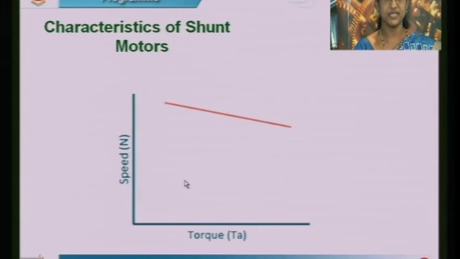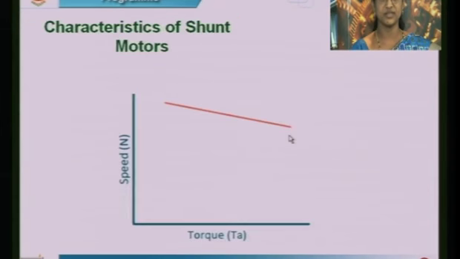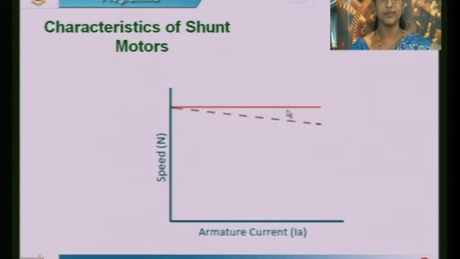According to these characteristics, these shunt motors are constant speed motors, hence used in applications requiring constant speed. It is almost constant and won't vary much, because there is only a small drop due to the IA RA drop in V minus EB.